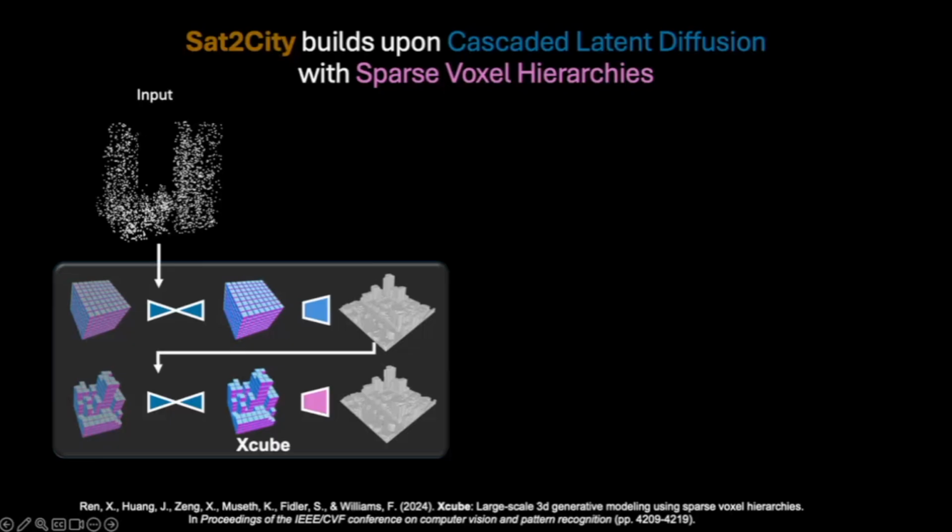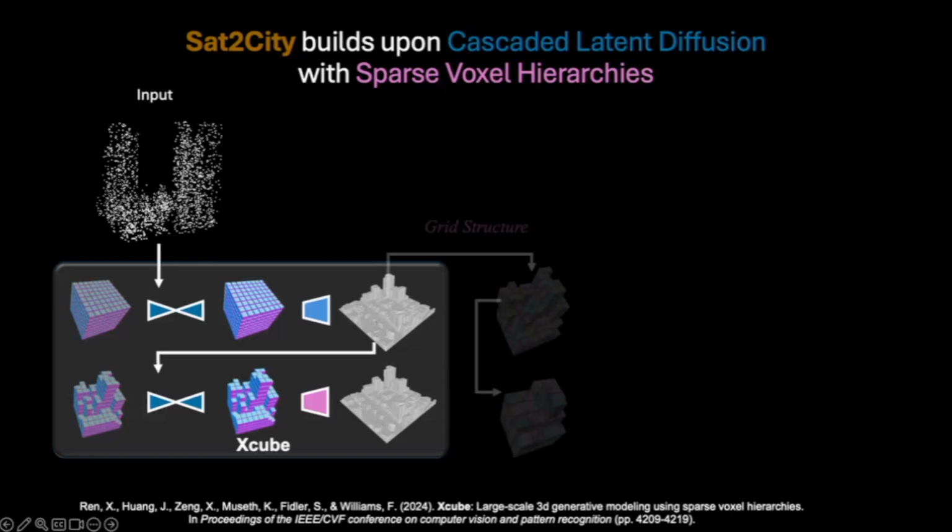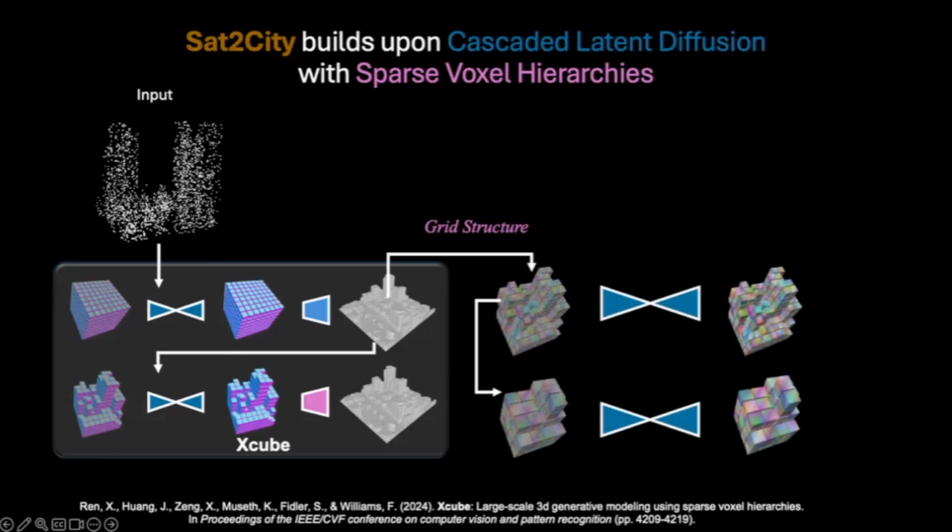The key motivation is that a single-stage diffusion process is not sufficient for large 3D city scenes, especially when we also want consistent appearance. We first generate a dense and sparse geometry latent grid following the X-Cube paradigm. This stage progressively refines the geometry and records upsampling and pruning decisions of latent grids.